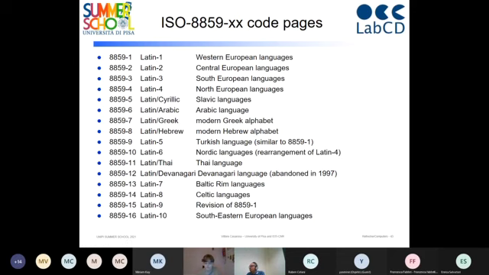Because they took advantage of it especially to represent accented letters, for example, that were not present in the English alphabet but in many European languages, where you need a lot of accented letters.